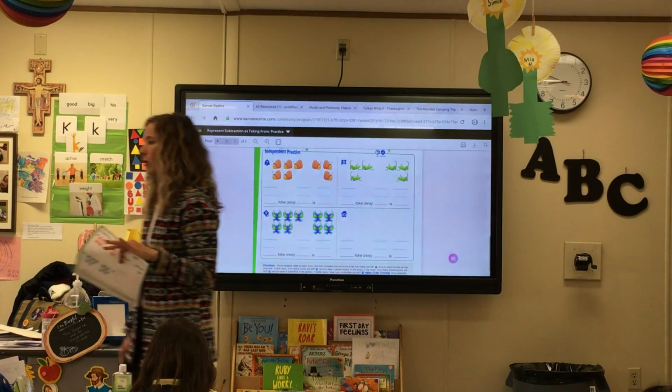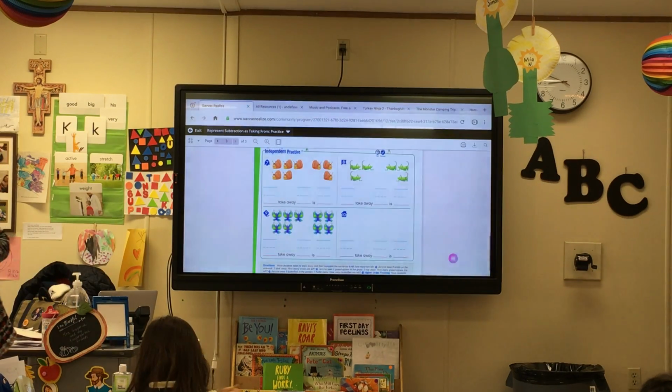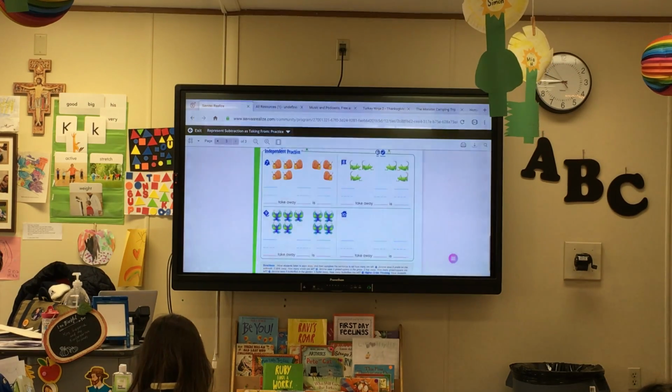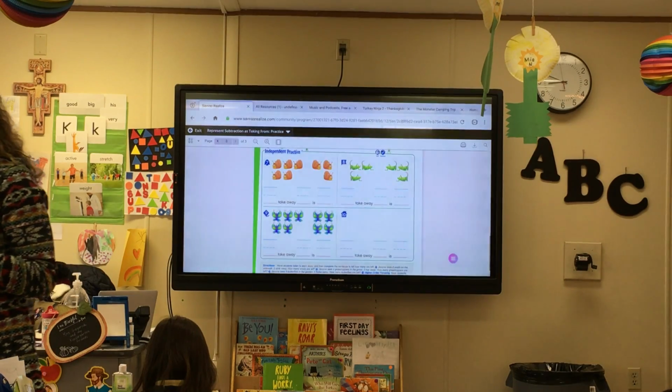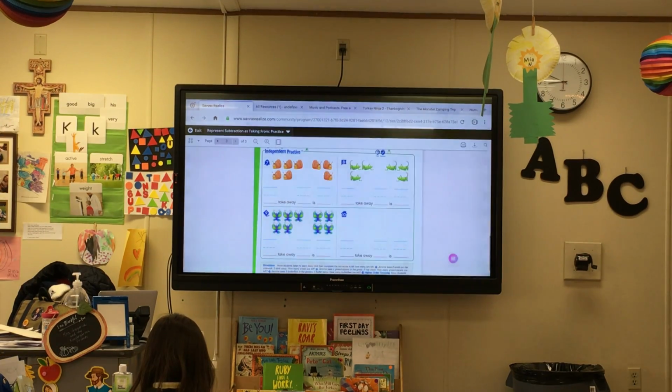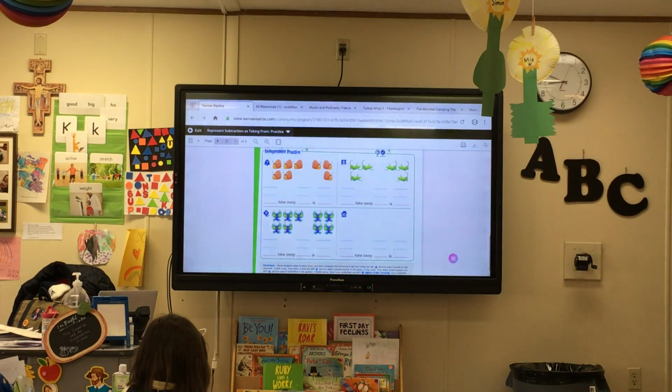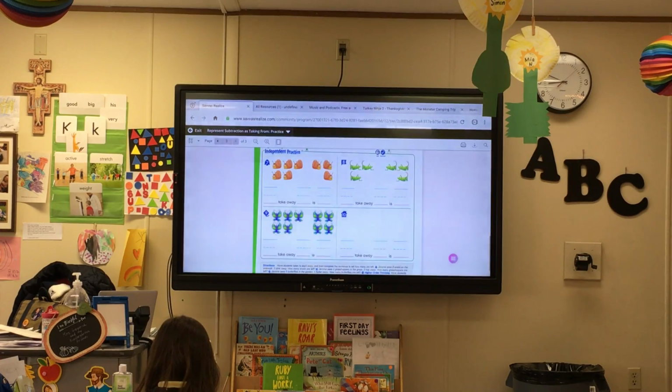If you don't want to circle and cross off the group that's leaving, that's okay. But as long as I see that you have the right numbers in, that just helps me know. When I circle the group and cross it off, I find that helpful. Maybe hopefully it helps you too. Then do the butterflies. Count how many there are all together.